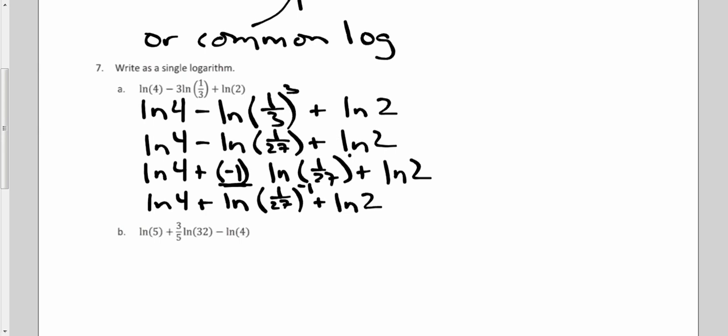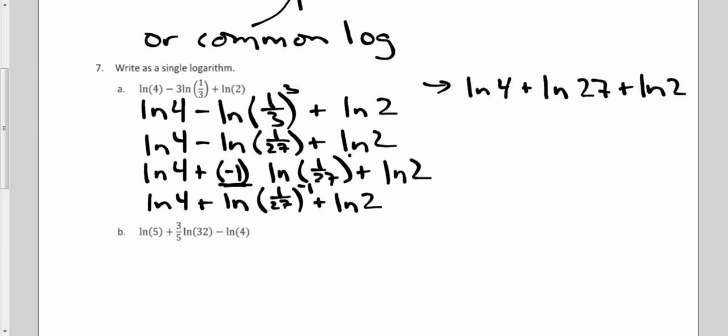Now the beautiful thing is I'm going to start over here again. This is natural log of 4. 1/27 to the -1 power is natural log of 27. That is rules for exponents number 8, and then plus natural log of 2.